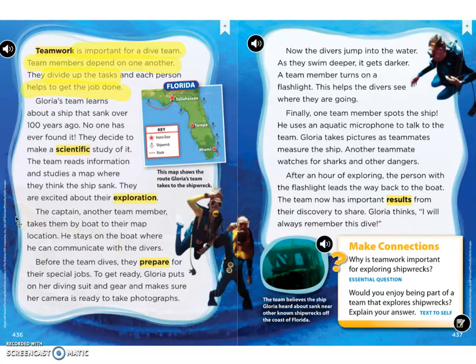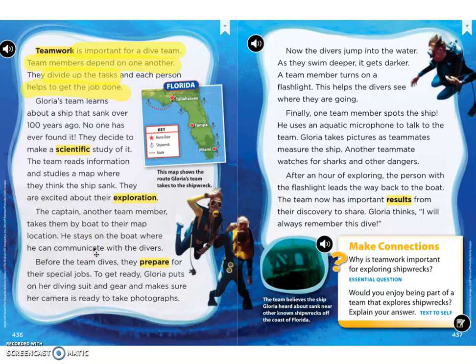Can you find a detail that supports teamwork? If you look here, we know that they have to work together to get themselves to this location. So the captain, who is a team member, has to take them by boat, and he stays so that he can communicate. So communication is a really big deal.